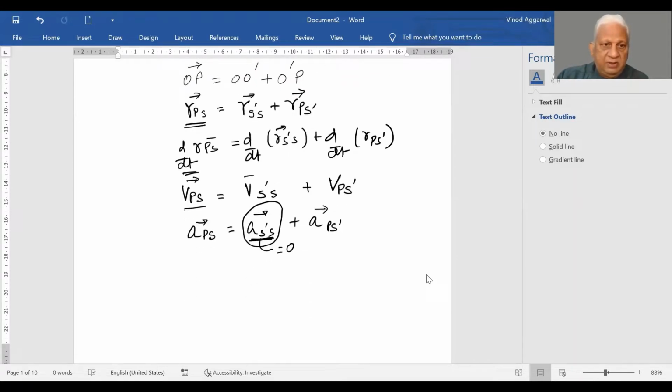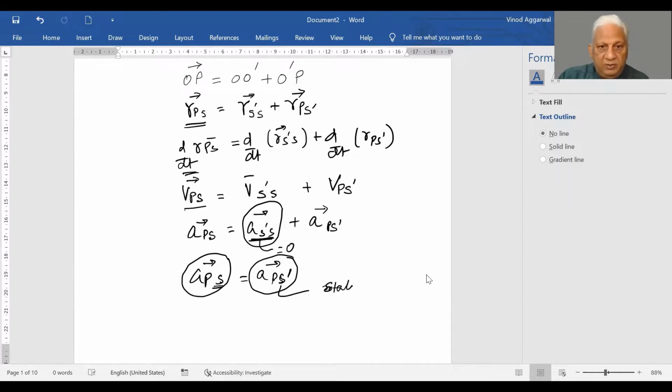In that case, the acceleration observed on a particle from one frame of reference is the same as the acceleration of this same particle observed from another frame of reference.